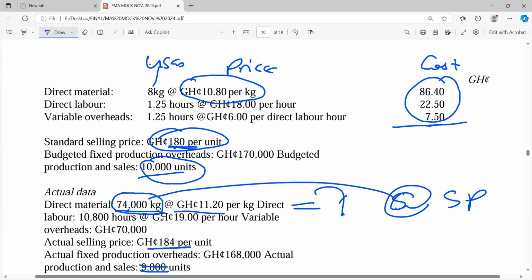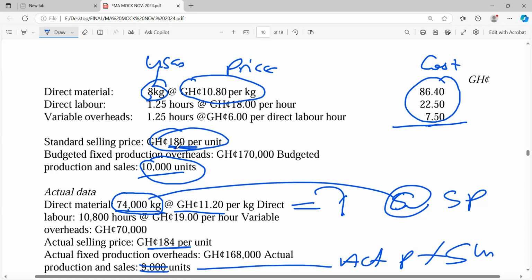Actual production. Production and sales are the same, so actual production is 9,000. Multiply actual production by the standard usage. So 9,000 by 8.